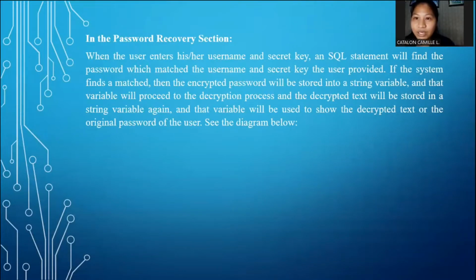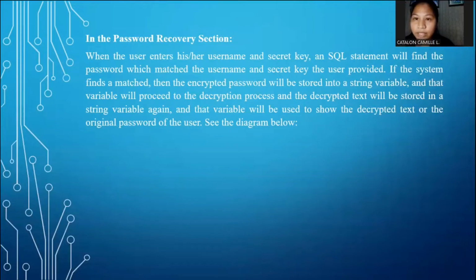In the password recovery section, when the user enters his or her username and secret key, an SQL statement will find the password which matches the username and secret key the user provided.